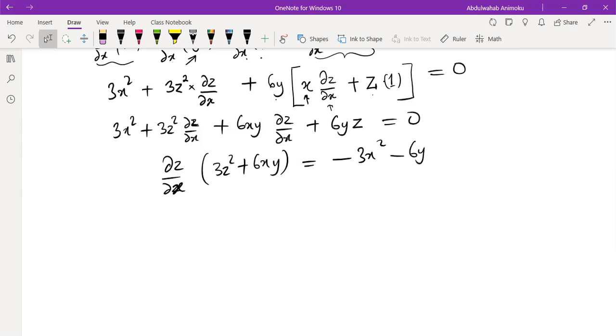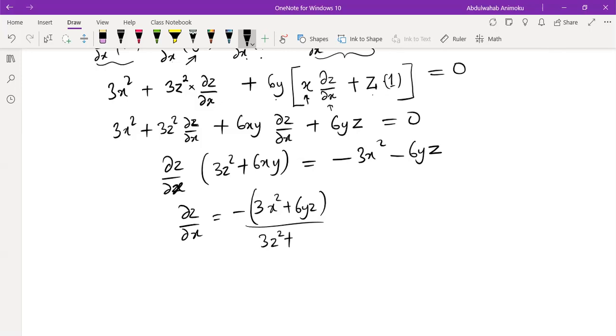Take 6yz to the other side, you have minus 6yz, right? So del z del x will now be, take the minus out, so we have this plus 6yz all over 3z squared plus 6xy. So divide through by 3 again. I think it's pretty much clear now that we have the same answer, right?